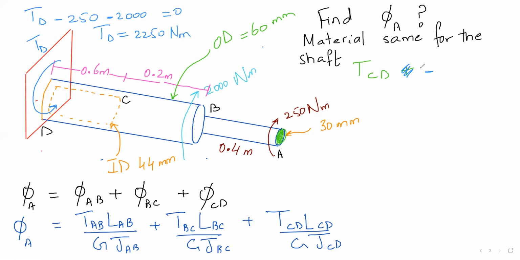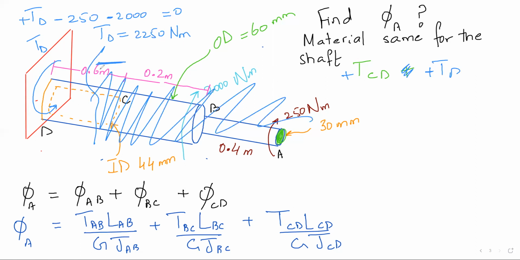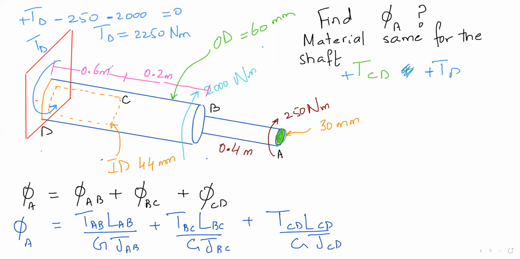So now T_D is actually anti-clockwise. So T_CD, after cutting, I am assuming anti-clockwise, plus T_D equal to 0. For students who are getting confused, I cut this, throw this chunk away, and I'm looking from this side.